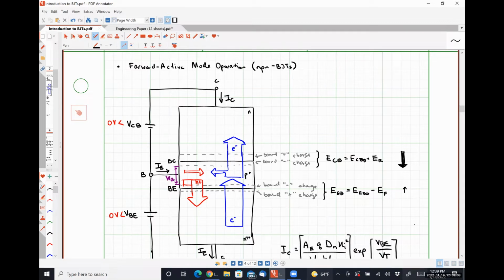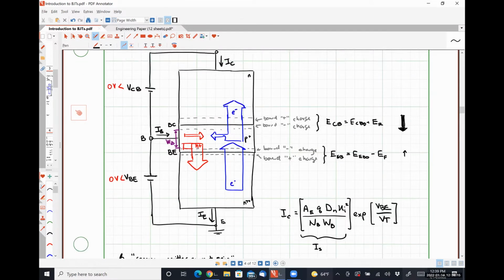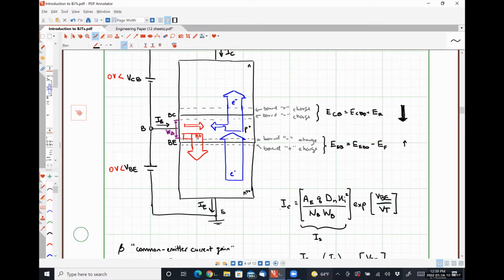So let's scroll down literally just a little bit here. If we look at this equation, IS depends on the width of the base. So as the quantity WB gets smaller, what happens to IS and therefore what happens to IC?